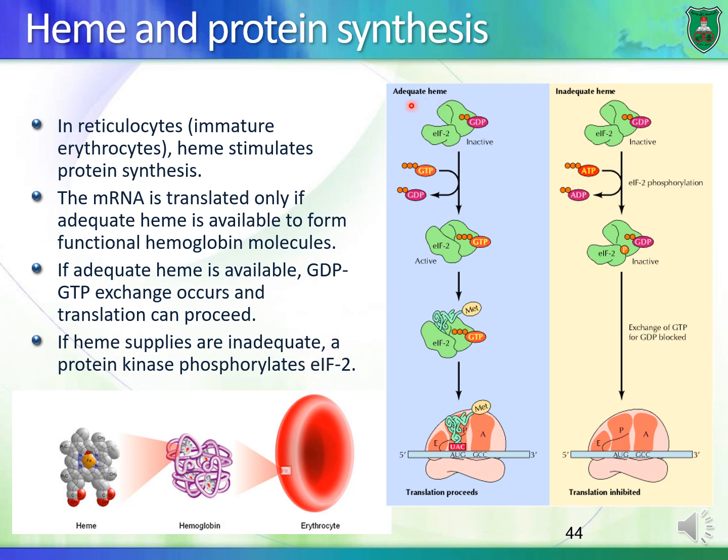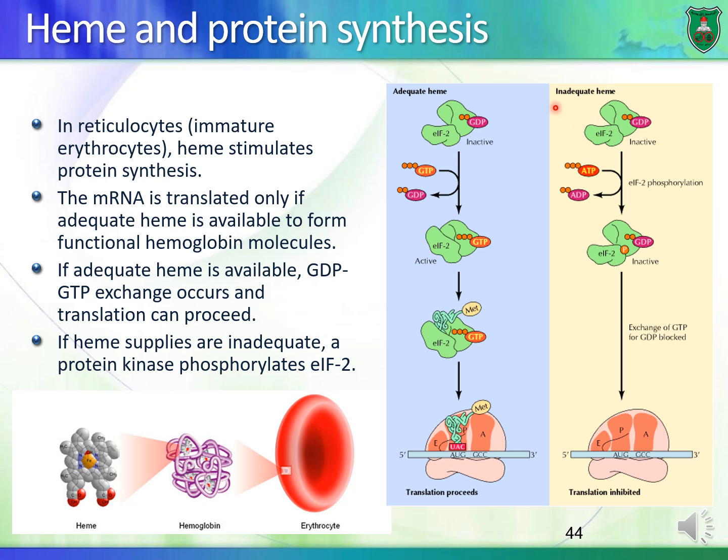So if there's adequate heme inside cells, you can have this exchange of GDP by GTP. Initiation factor 2 is activated. It can bring the initiating tRNA that has methionine attached to it to the small ribosomal subunit, as I described before.